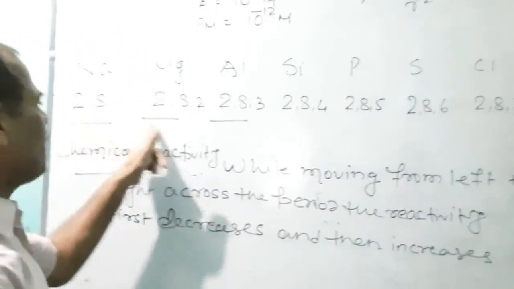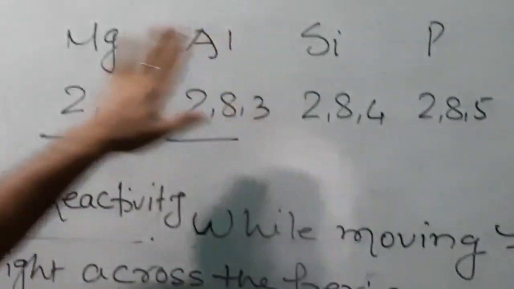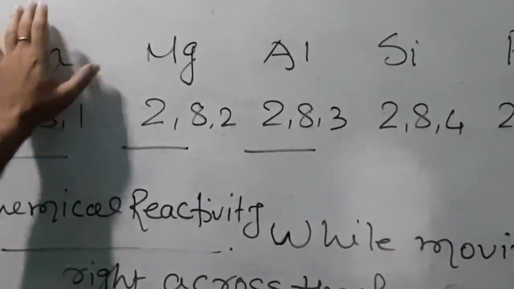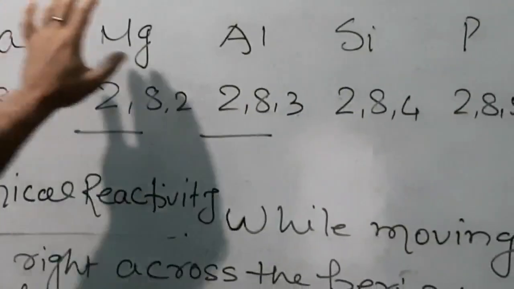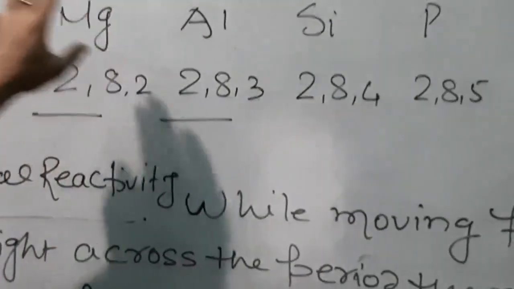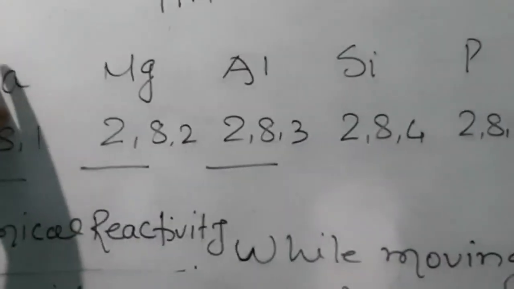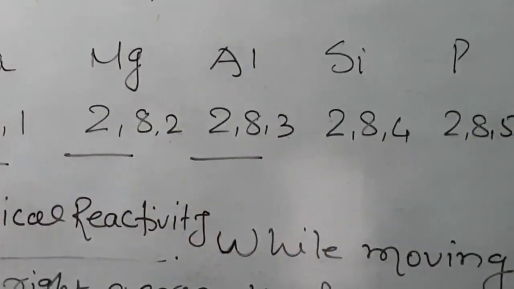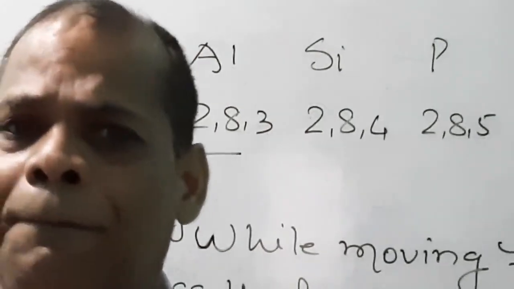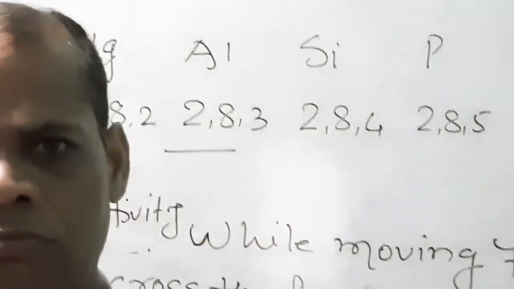Now, out of sodium and magnesium, magnesium is smaller in size as compared to sodium. So sodium can lose electron easily as compared to magnesium.